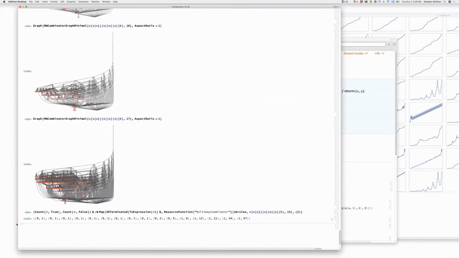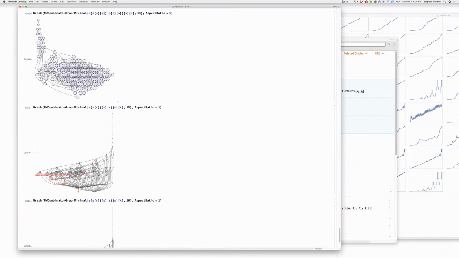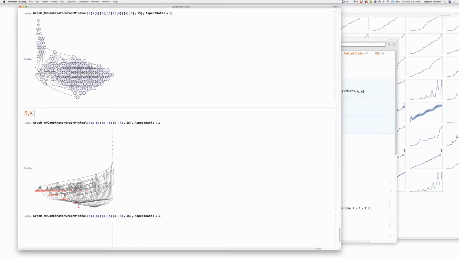Okay, so that's the number of all the expressions generated, how many correspond to, okay, so this is showing how the number of unterminated ones increases. This is actually good. I'm just going to make a separate note of this. This is SK branched termination.